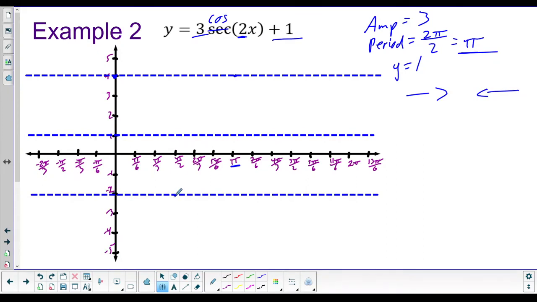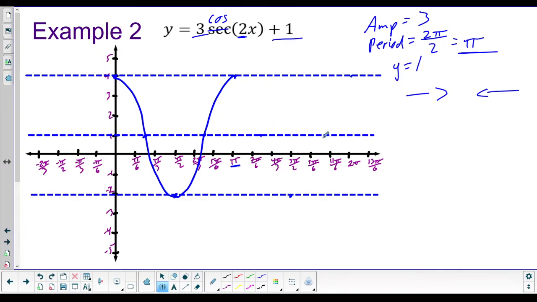And then halfway between this maximum and this minimum, so 1.5, we're going to be on the midline. So our cosine graph is going to look pretty much like that. 1, 2, 3. Min. 1, 2, 3. Max.